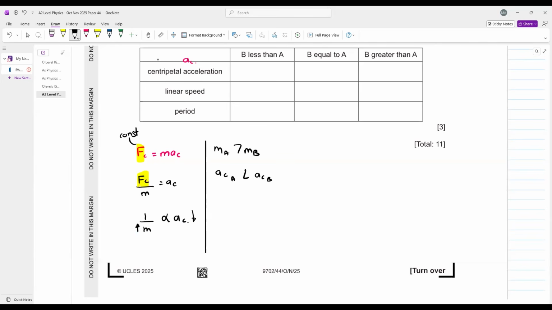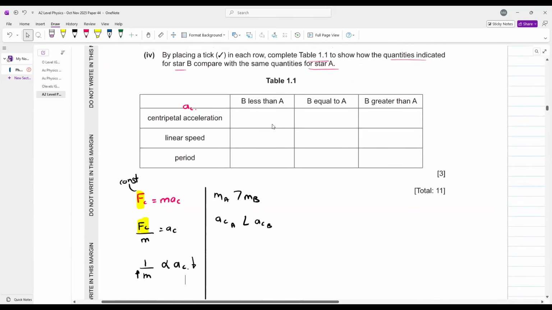Okay, centripetal acceleration of B is greater than that of A. Now, sir, what about linear speed, that is V?